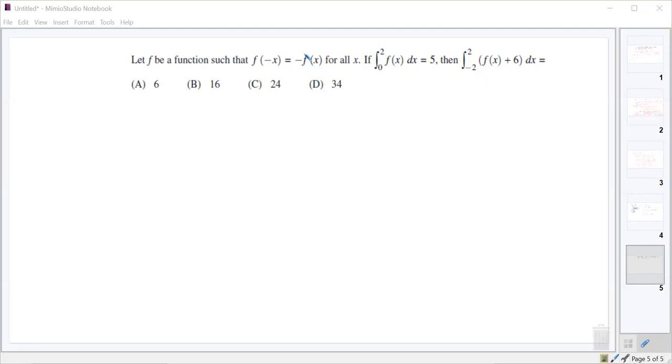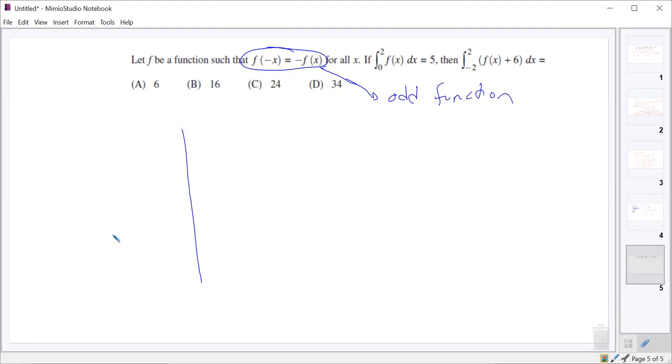So first off, what does f of -x equals -f of x tell us about this function? This tells us that this is an odd function. I remember that from like years ago. What is an odd function?